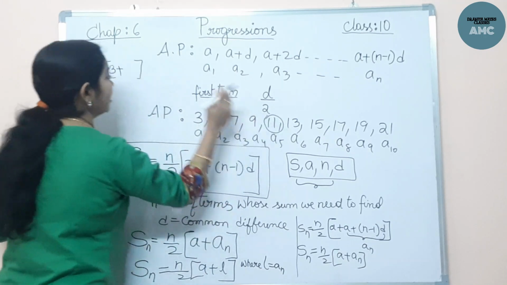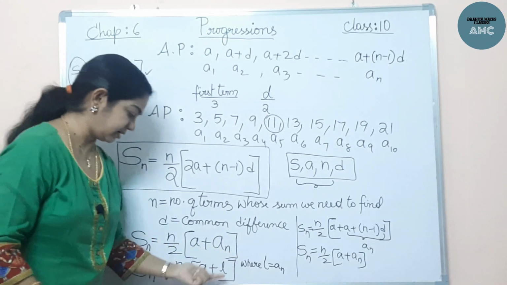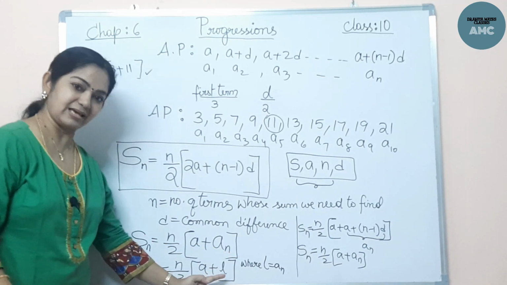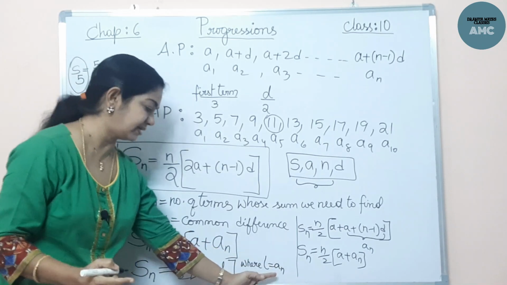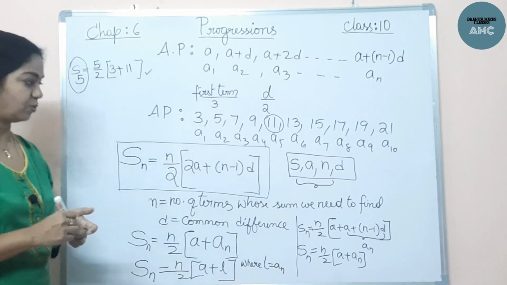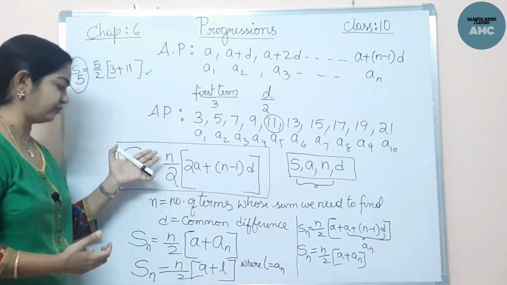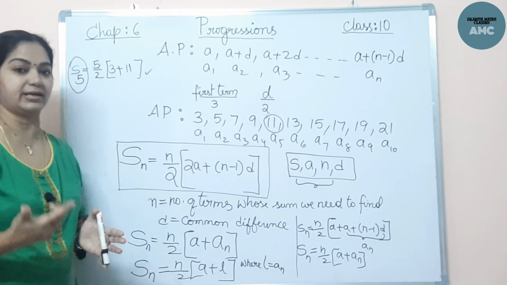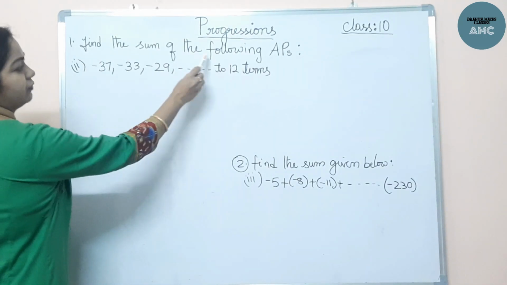Fifth term is 11. So this is right. So I don't recommend this. If you are writing A plus L, write immediately where your L is not the last term but is the nth term. So with this idea of the sum of n terms, we will do the exercise problems. Quickly copy down. Find the sum of the following APs.